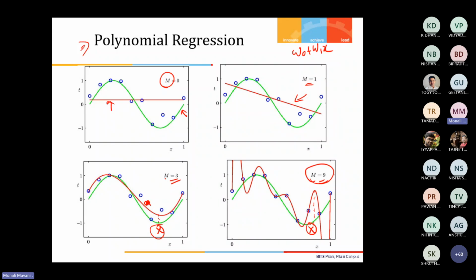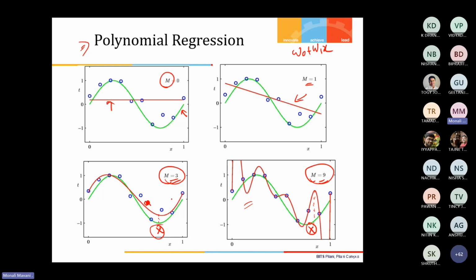Even with m equal to 3, a third degree polynomial, the training error would be a little higher than in the rightmost graph, but its generalization performance would be better. That's what we call the test error or the validation error. So we have to choose between the models, whether m equal to 3 or m equal to 9.